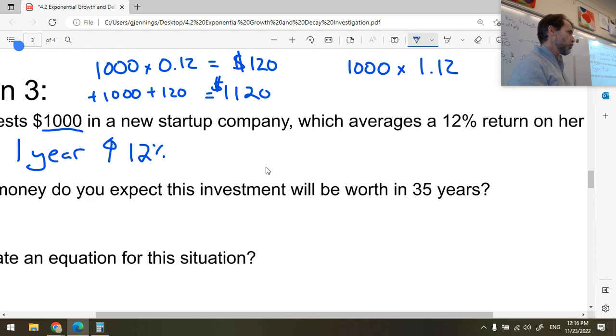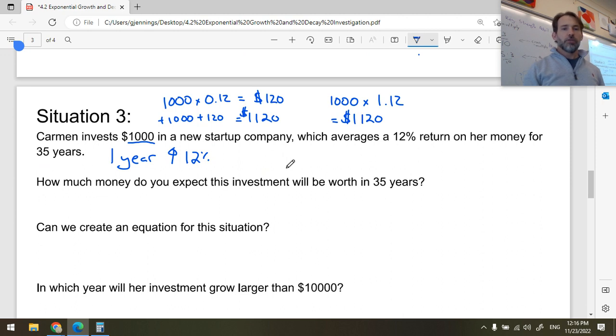This is 112% as a decimal. We can see that we're multiplying by a number bigger than 1. When we multiply by numbers bigger than 1, things grow. And when we multiply by numbers between 0 and 1, they get smaller. So in this case, it's going to grow. So we're happy with that. That also gives us the same answer of $1,120.